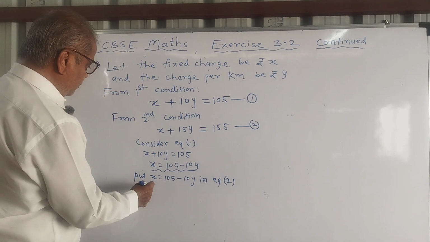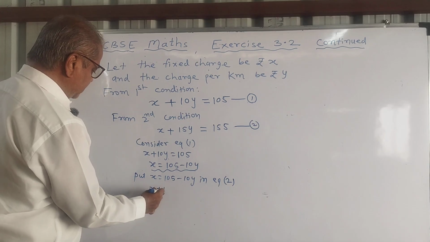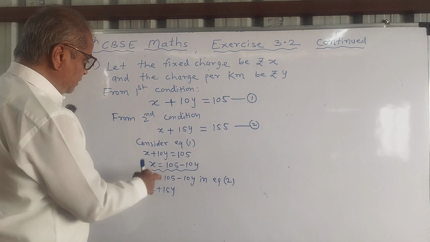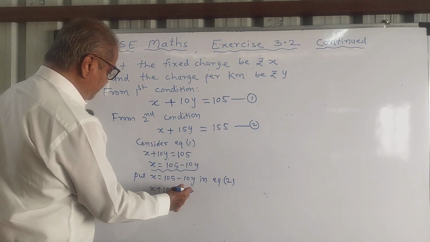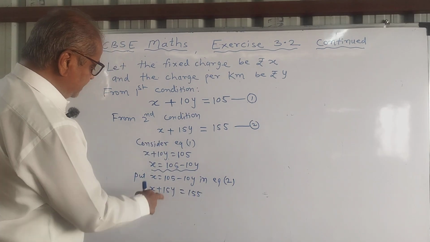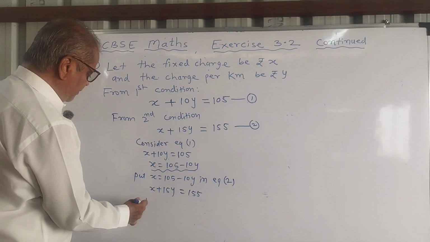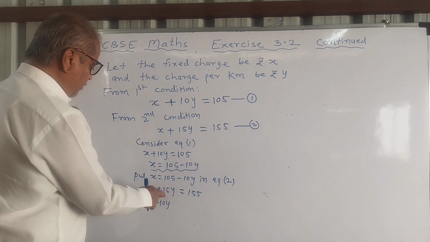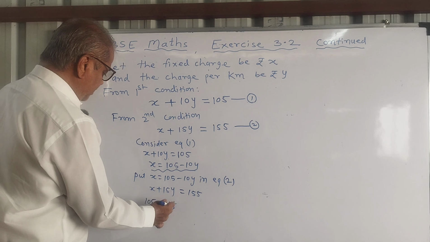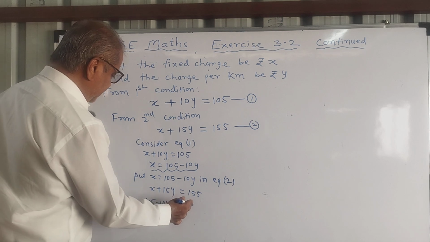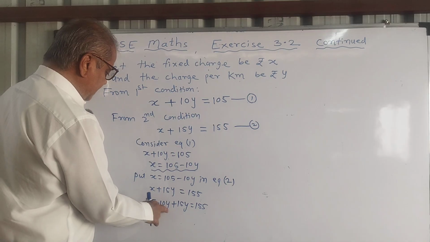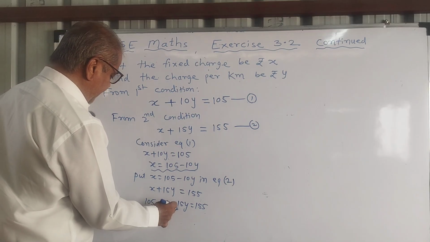So what is equation 2? x plus 15y is equal to 155. So what is x here? 105 minus 10y, and don't forget this 15y. Plus 15y is equal to 155. So minus 10y plus 15y, these two are like terms.